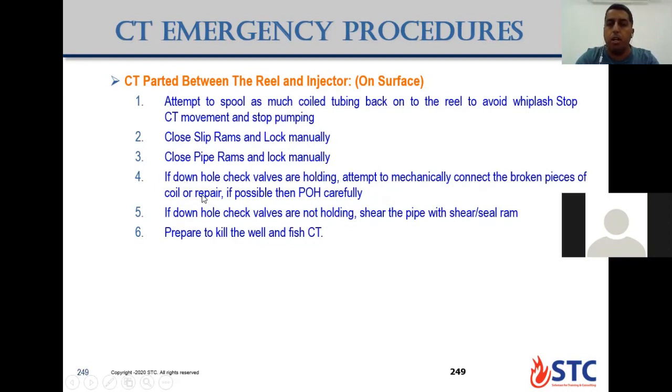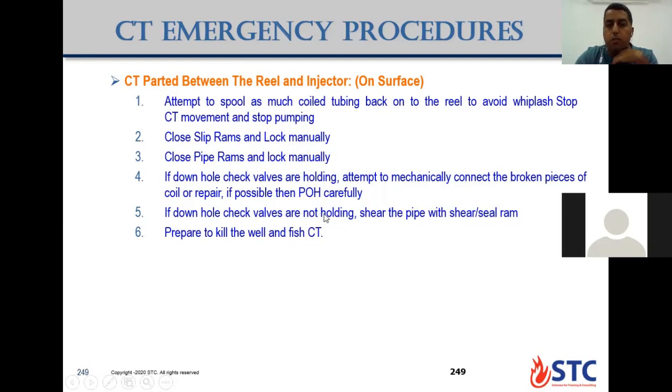That means you need to hang one operator by crane, and he can start to fix or connect the coil tubing at the surface. So you'll be able only to pull out of the hole to change the coil tubing reel. If possible, then pull out carefully. Then you need to change the reel for the coil tubing for sure.